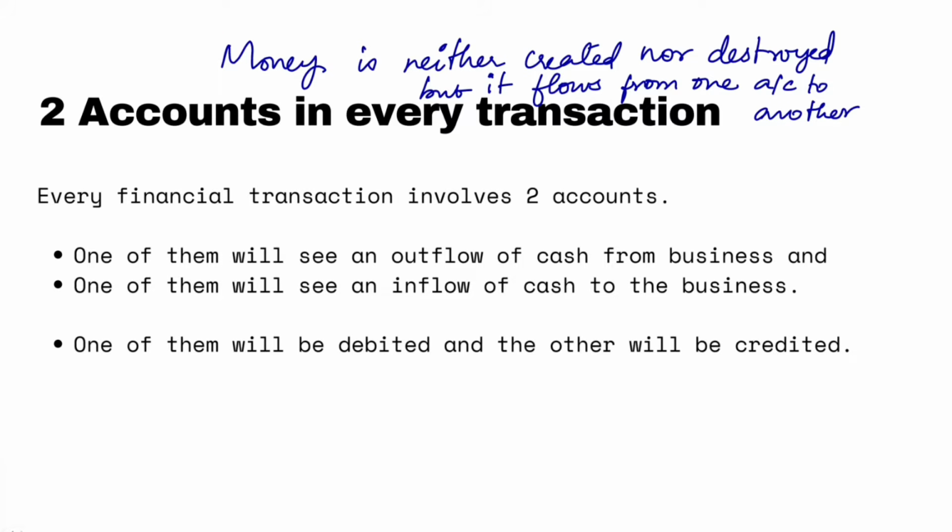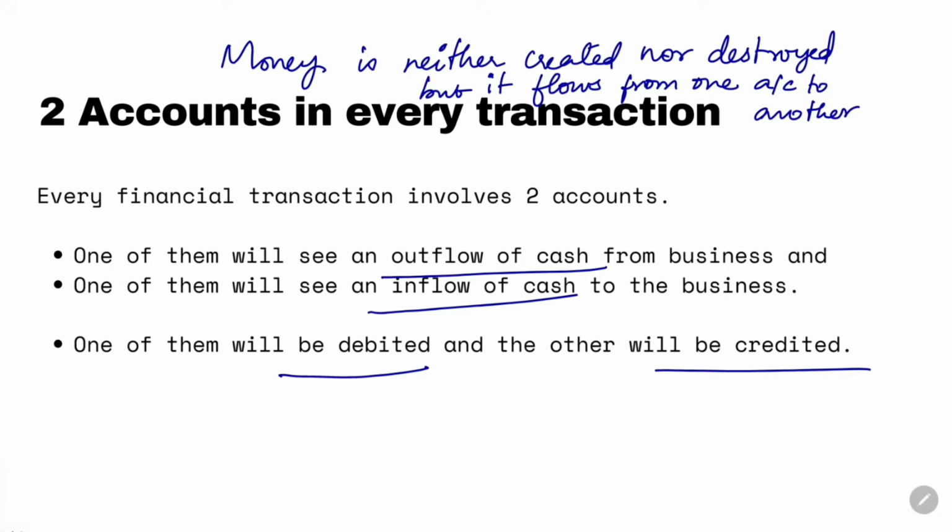And as we are doing the books of accounts, the bookkeeping for our business, our focus should mainly be on the business aspect of it. We need to find out whether money is coming in or going out from our business, and the corresponding other account will definitely be the opposite, correct? So one of them will see an outflow of cash and the other will see an inflow of cash, okay? That means one of them will be debited and the other will be credited.